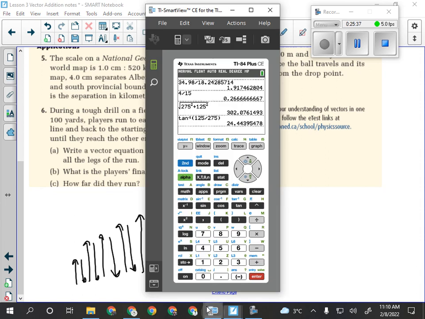In the end, if I want to calculate the total distance, I've got to add all these lines together.